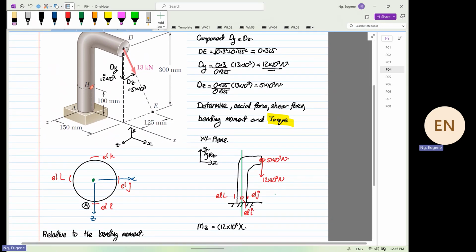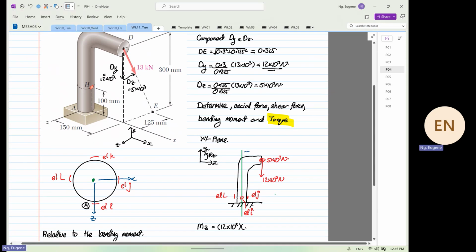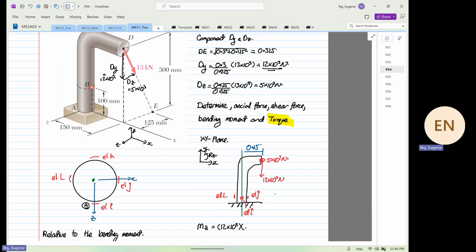Let me put in the geometry. The distance from here to here is 0.15. The applied force is parallel to the centroid.